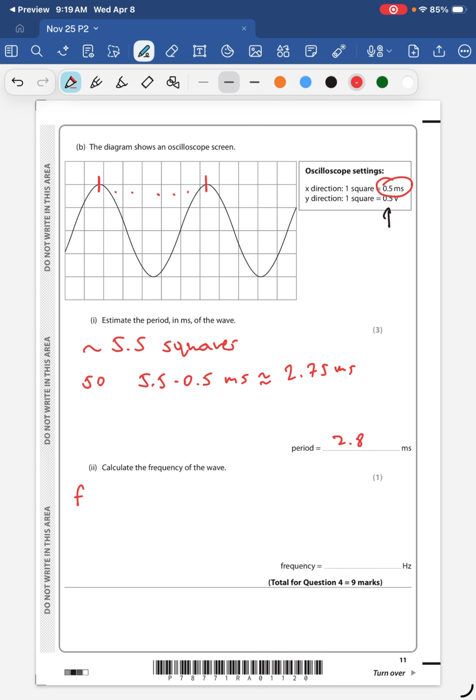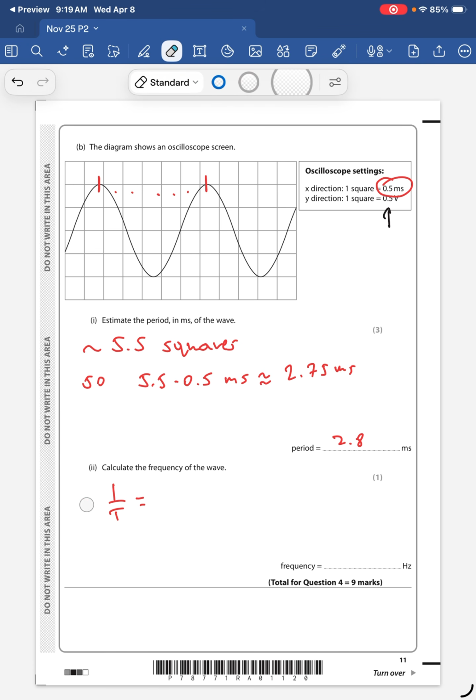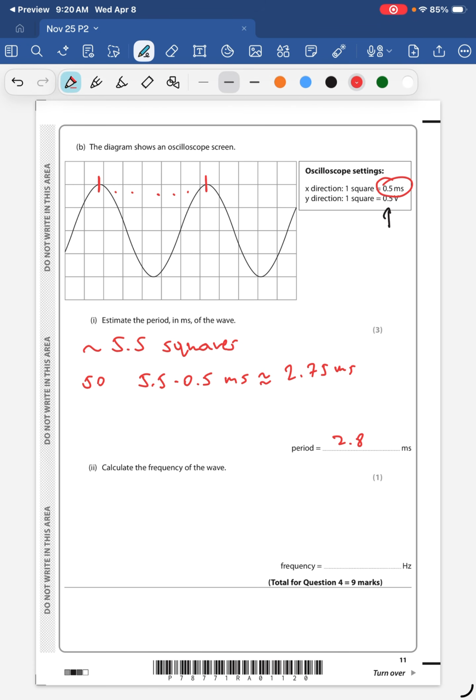Okay, and then the frequency is 1 over the period. Calculate the frequency of the wave.